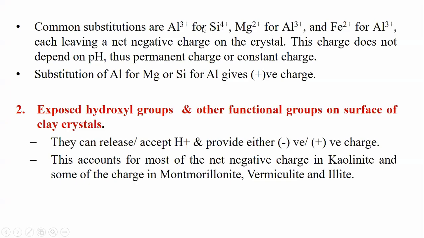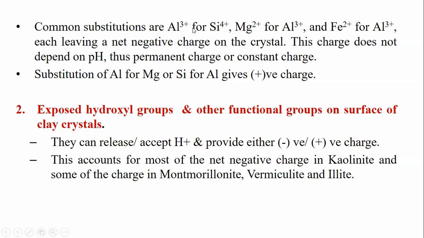Here also one negative charge. And aluminum may be substituted by iron, right? This is how the substitutions occur in the octahedral sheets. By the ions you may understand where it should happen, and each leaves a net negative charge on the crystal.